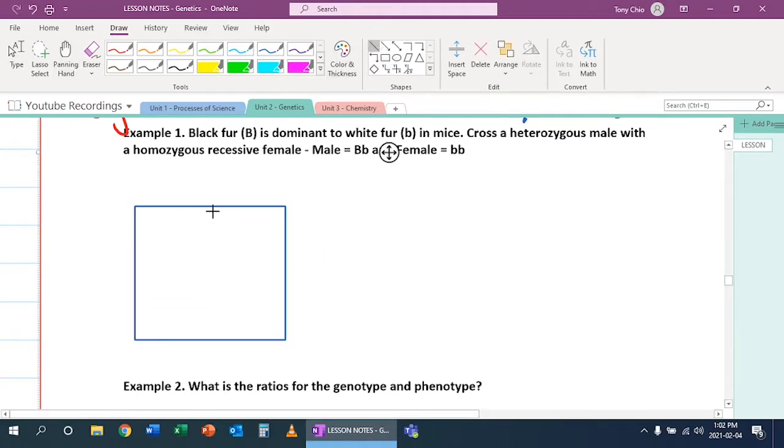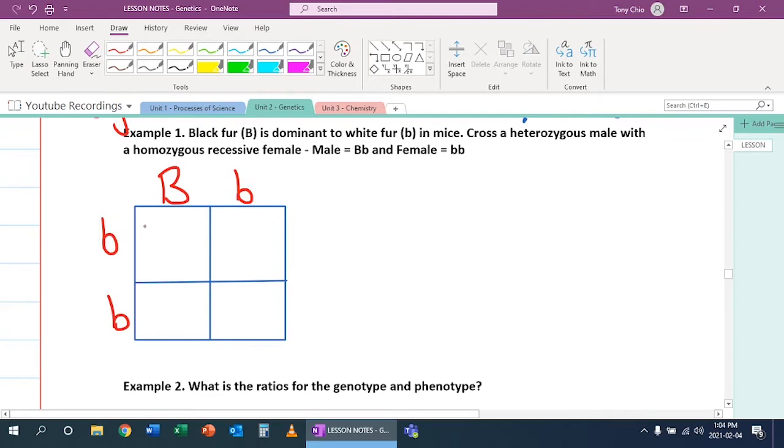So you want to draw a Punnett square that looks like this. So here's my Punnett square. Now, we're going to have to put the parents' alleles up. Okay, so let's put the male parent right here and the female parent right here.